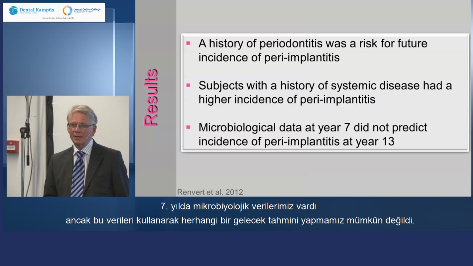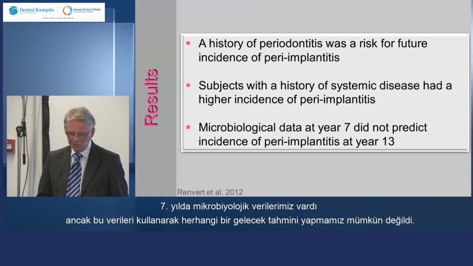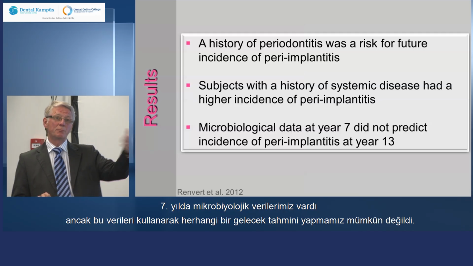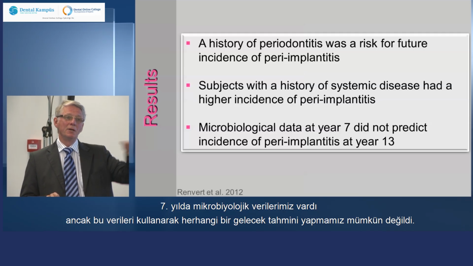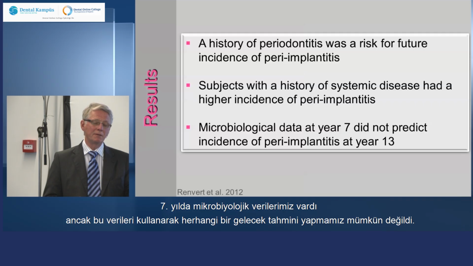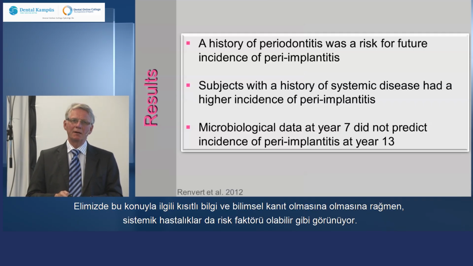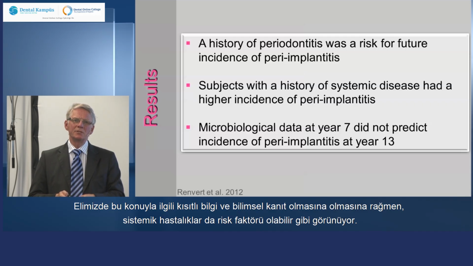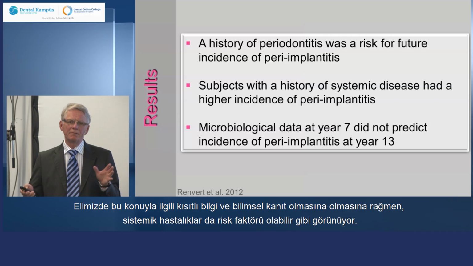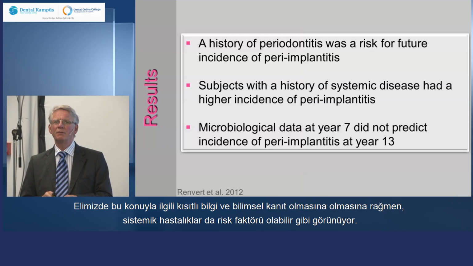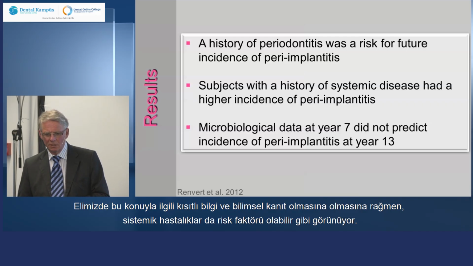And we had some microbial data at year 7, but we were not able to predict any future events using these microbial data. So it seems like anyway that general disease is also a factor, although we have quite limited knowledge and scientific evidence so far regarding that.